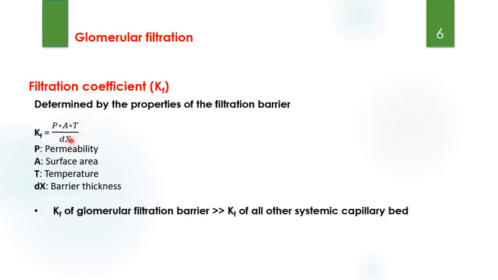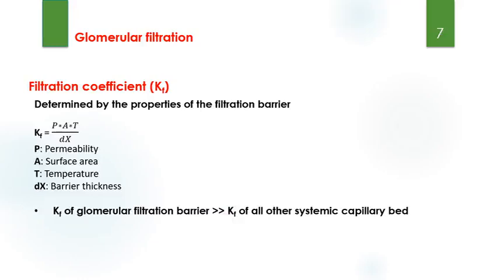The thickness of the barrier, however, is inversely proportional to the filtration coefficient. As the thickness of the barrier increases, the filtration coefficient will decrease. The filtration coefficient of the glomerular filtration barrier, or glomerular capillaries, is much higher compared to any other capillary beds in the body.